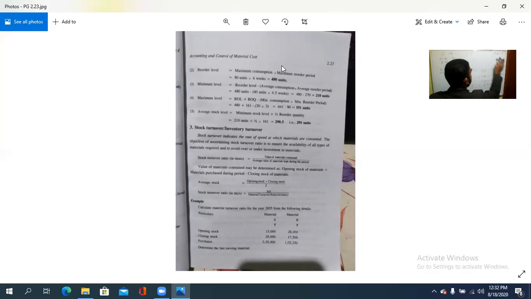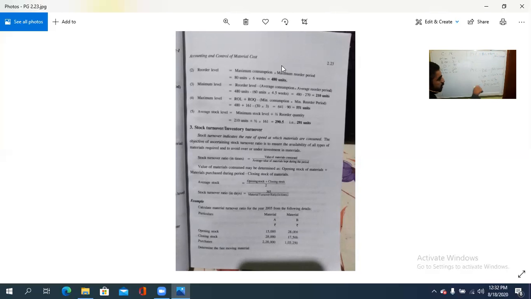Next we are going to calculate what? Maximum level. Maximum level, how is it to be? Maximum level is ROL plus ROQ minus minimum consumption into minimum reorder period.